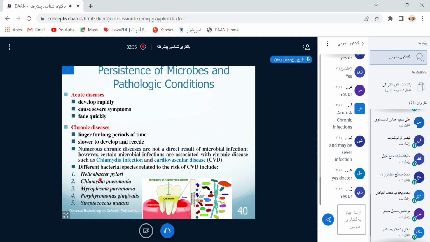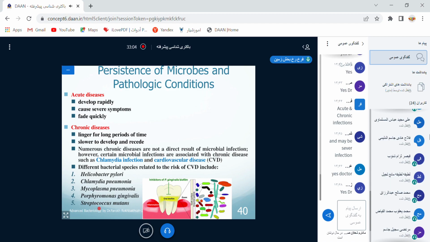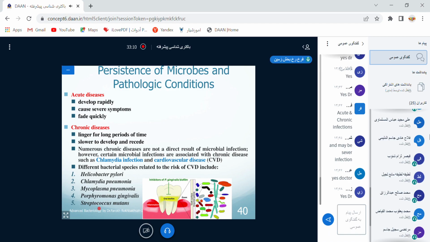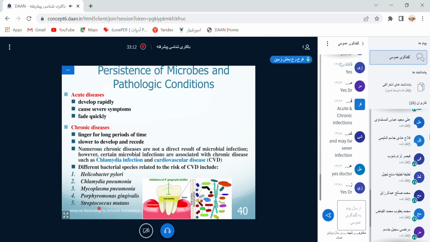Like Helicobacter pylori, which is present in the stomach, Chlamydia pneumoniae and Mycoplasma pneumoniae, which are present in the lung, Porphyromonas gingivalis and Streptococcus mutans, which are present in the mouth, on the gingiva, and on our teeth.